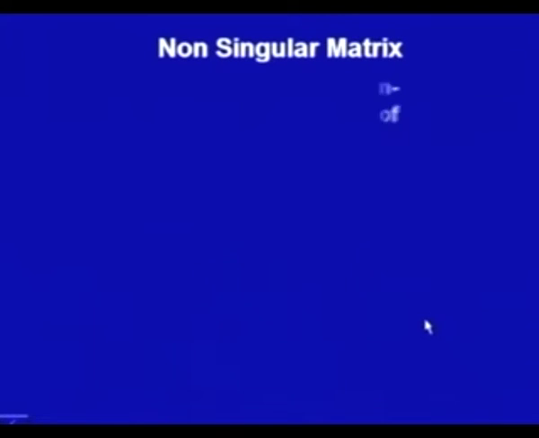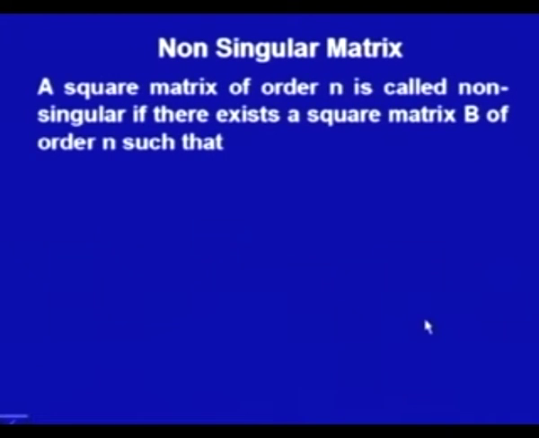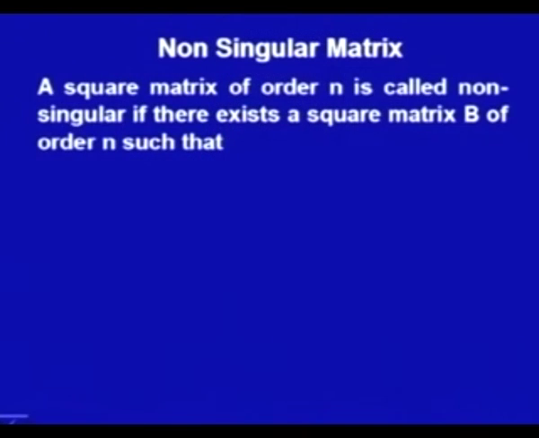Now, on the basis of this, one can get some useful results regarding non-singular matrices. So, let me introduce non-singular matrix. We say a square matrix A of order n is called non-singular if there exists another square matrix B of order n such that A multiplied by B is the same as B multiplied by A, which gives me an identity.